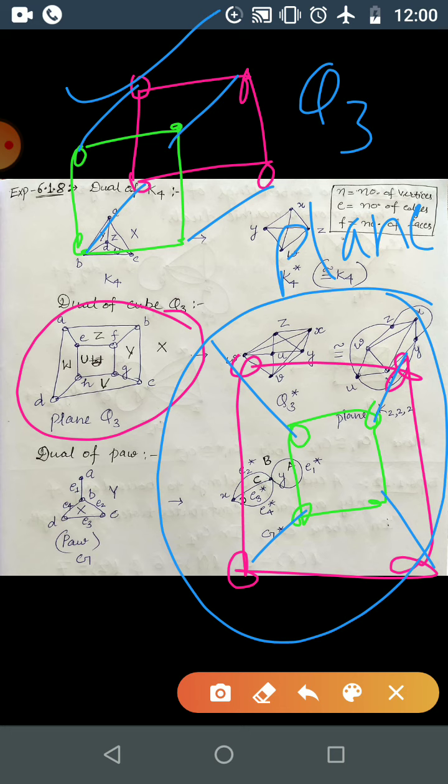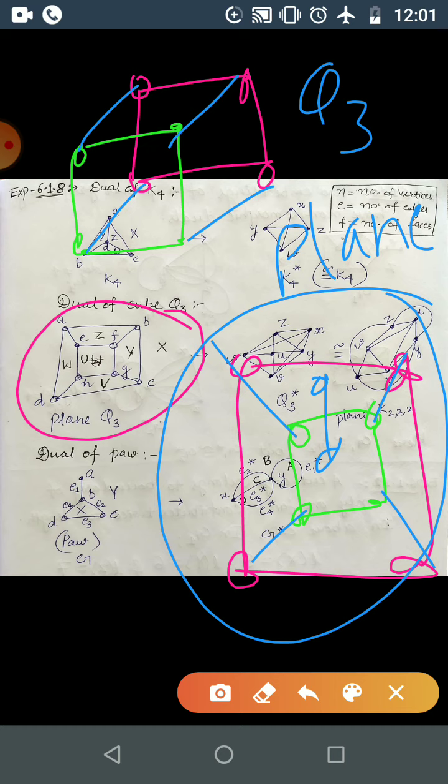Okay, so here how many faces? Faces are, one is outside, 1 2 3 4 5 6. So 6 faces are there. So in case of the dual, 6 vertices will be there, correct, and whenever any two faces meet at an edge, there will be an edge joining the vertices corresponding to the faces of G in G star.